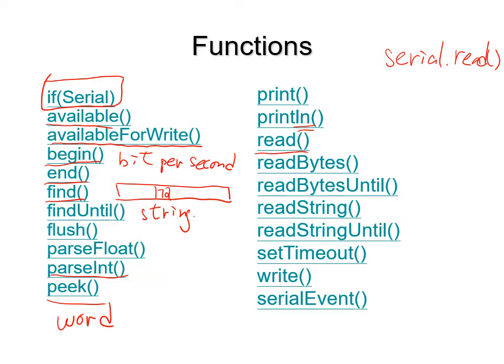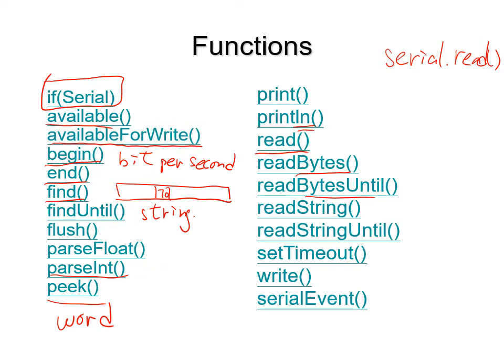Read is going to read an integer. ReadBytes is going to read bytes. ReadBytesUntil means it is going to read characters until the determined length has been reached, or the timeout of the serial port occurs, or the terminator is detected in the input stream.